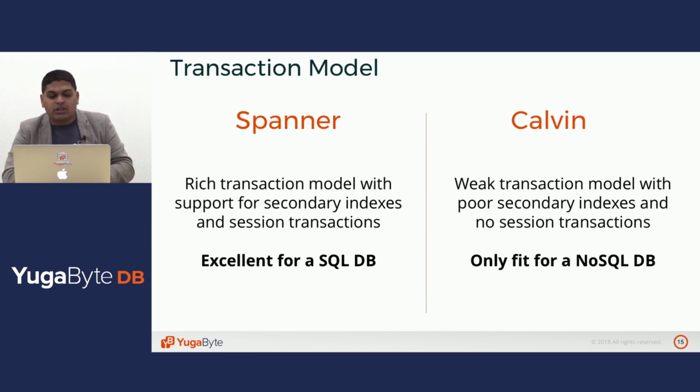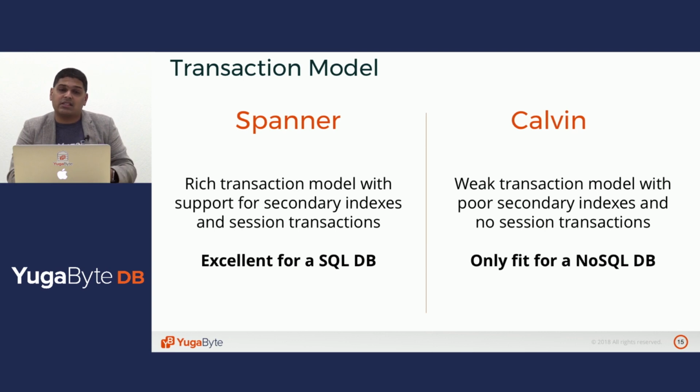Transaction model, touched on that a little bit before. Spanner's transaction model is very rich, can do dependent transactions involving secondary indexes where there are two keys actually involved in a single update. Session transactions is when you don't know the full scope of your transaction and the client is actually interactively working with you over a shell or using an ORM.